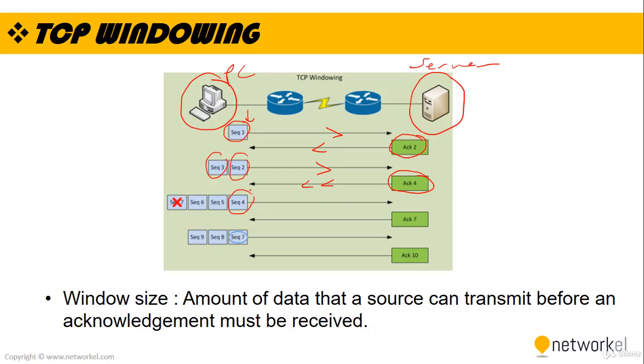But in here, the PC is sending 4, 5, and 6 to the server, but this time the acknowledgement number is 7, which means I got sequence number 6 lastly. Please pay attention that I am sending sequence number 1 and the acknowledgement is 2. In here, I'm getting sequence number 3 and acknowledgement is 4.